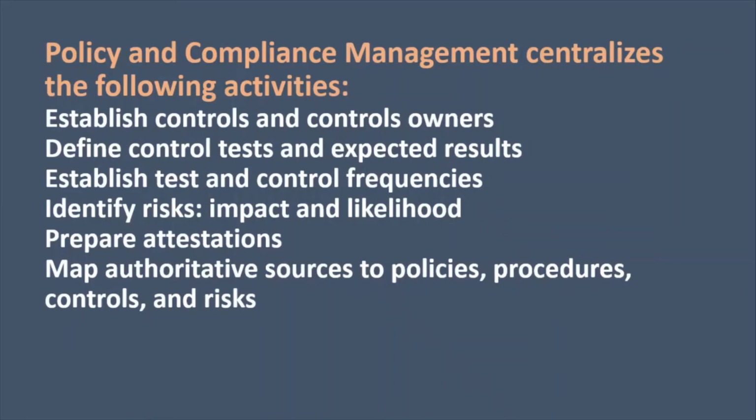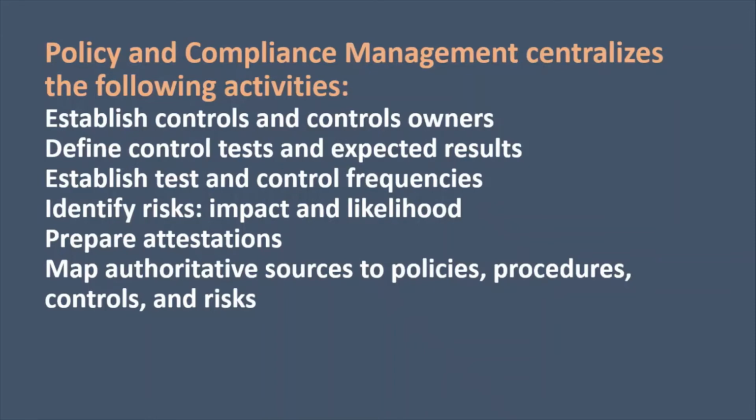Everything is defined, and the expected result will also be defined in the control test. Okay. And after that, establish test and control frequencies. We have to define the frequency, at what time there will be some kind of regression testing. So we have to test it after a certain time. So we have to define a frequency for tests and controls.